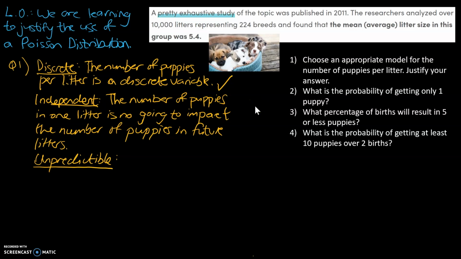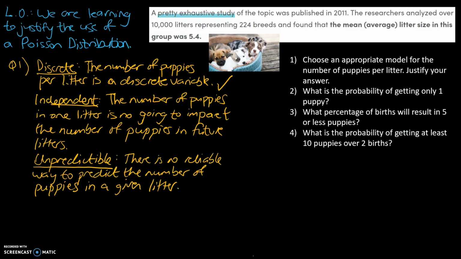From now on, I'm just going to pause the video, write it up, and then we'll get into the next assumption. What I've written is that there is no reliable way to predict the number of puppies in a given litter. That suggests we've met that assumption as well, so it looks like we're 3 from 3 so far.